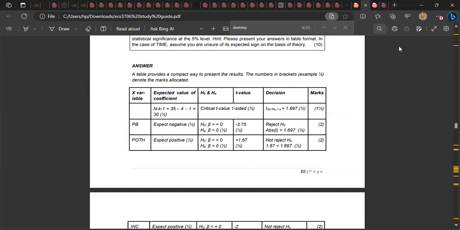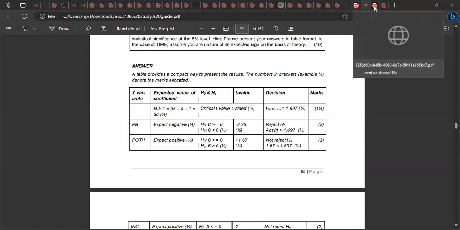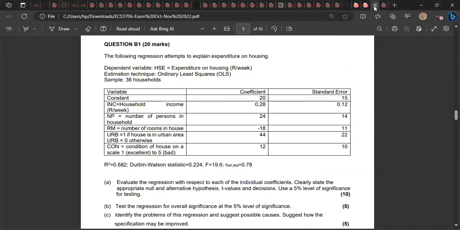All right, so let's see what's going on here now. On our question, right? This is our question. Right, here is our question. So these are the variables here on the first column. All right, so we have the constant. First of all, okay, let's read the question in full.